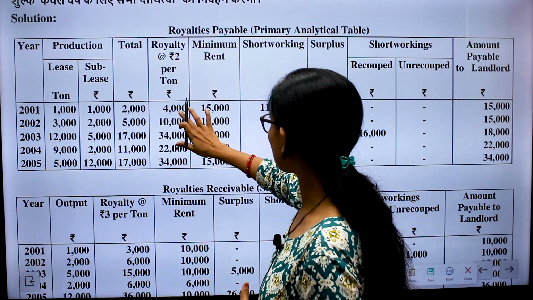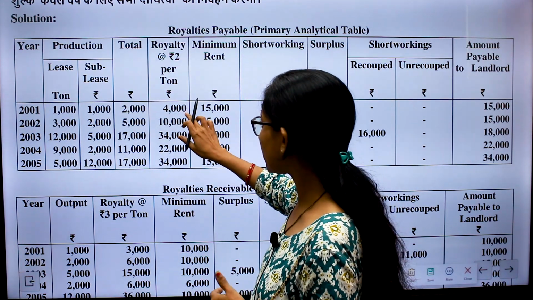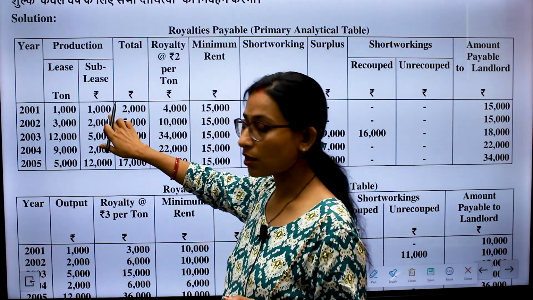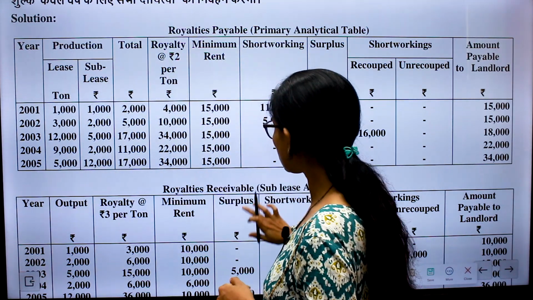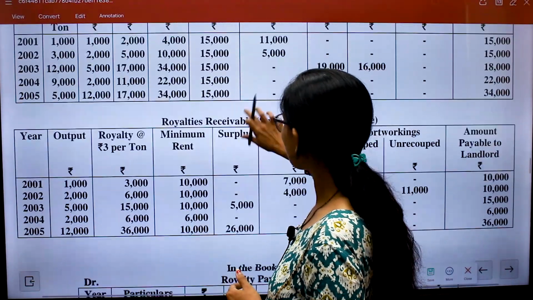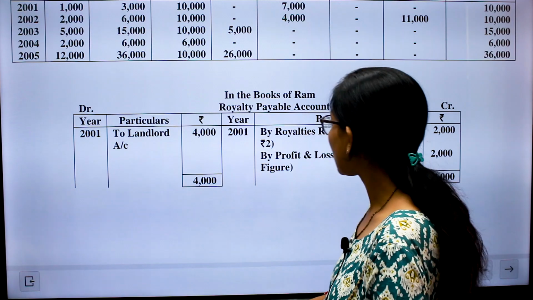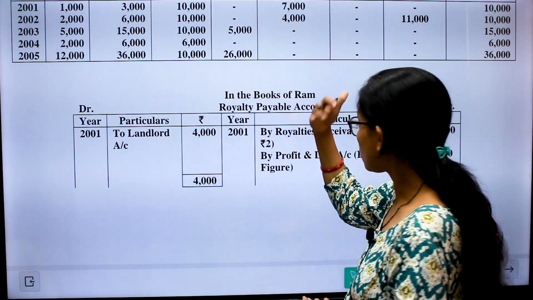That is 4,000. How did he get this 4,000? 1,000 plus 1,000, that is 2,000, multiplied by 2, we get 4,000. So the total royalty earned which he is going to pay to the landlord is 4,000.